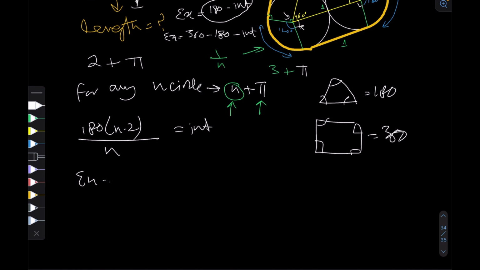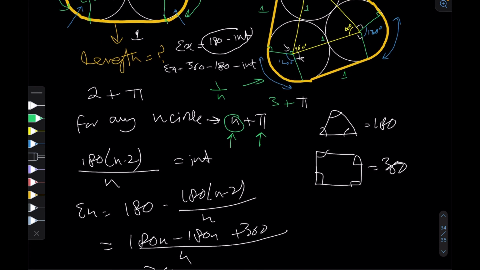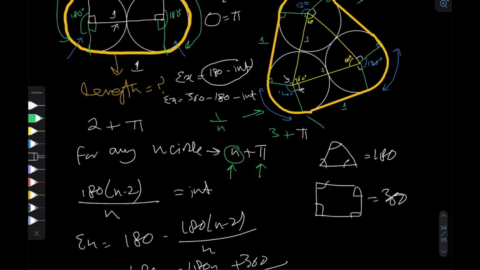So the exterior angle will be 180 minus 180 times (n minus 2) divided by n, which would be 180n minus 180n plus 360, divided by n, which is simply equal to 360 over n. In other words, every exterior angle will be 360 over n, so it's like being equally divided. Since this is 360 over n and there are n circles, they combine to make a whole circle.